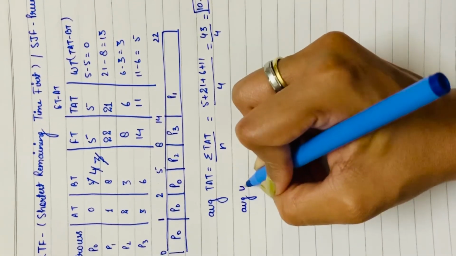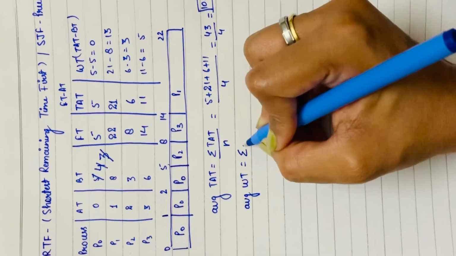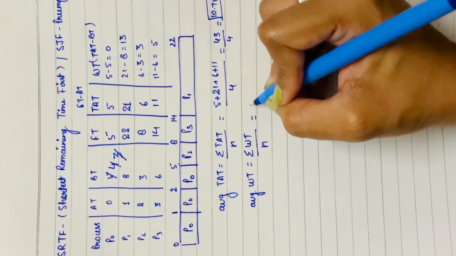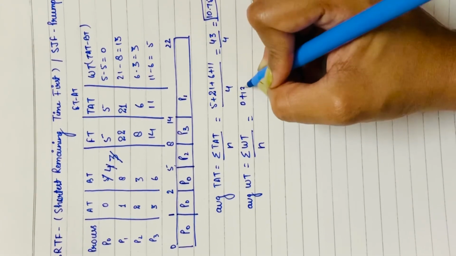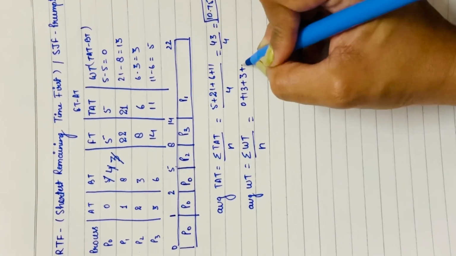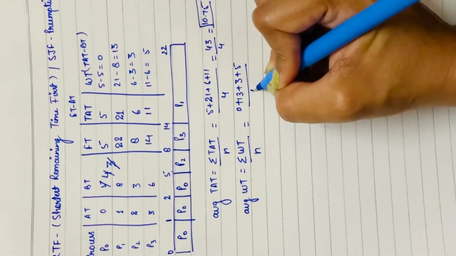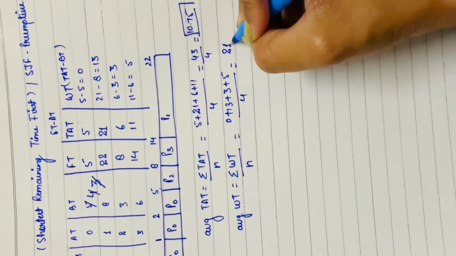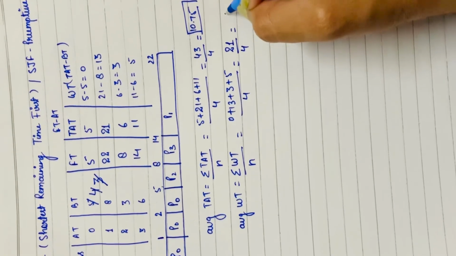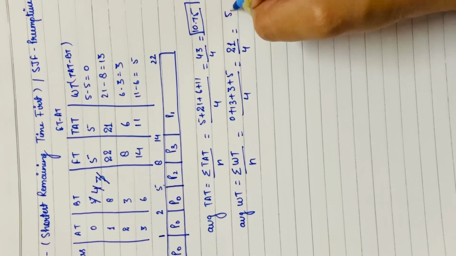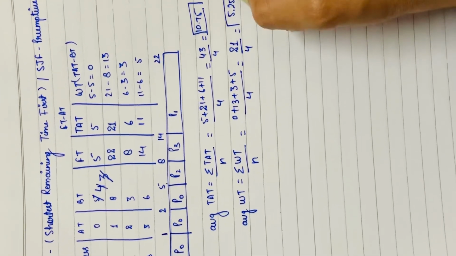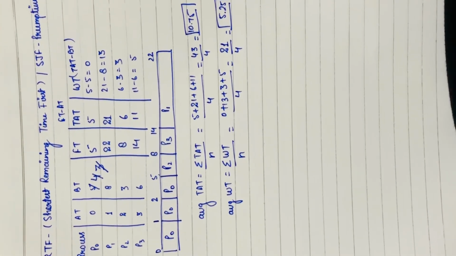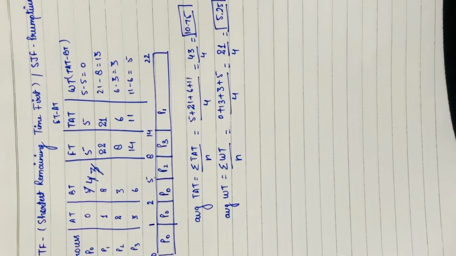Similarly, the average waiting time is the summation of all the waiting times upon the total number of processes, which is 0 plus 13 plus 3 plus 5 upon 4, which is 21 upon 4, which is 5.25. So this is the solution for the given question. Thank you.